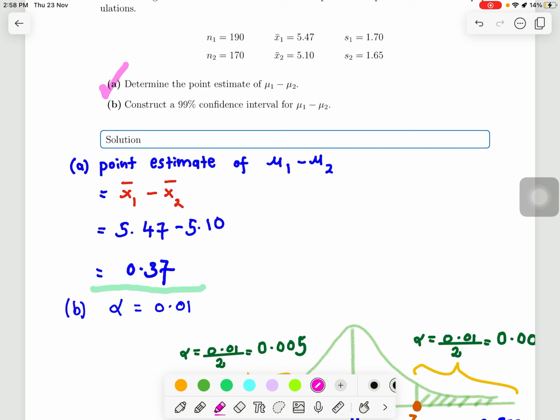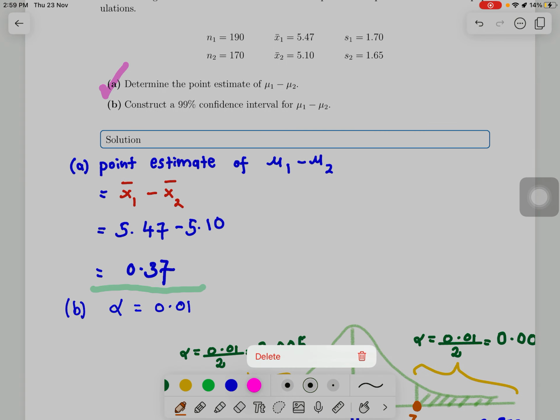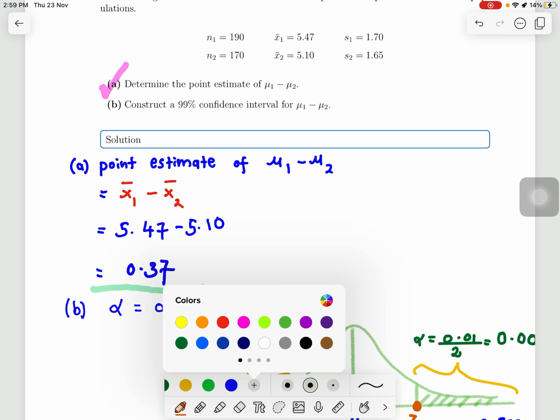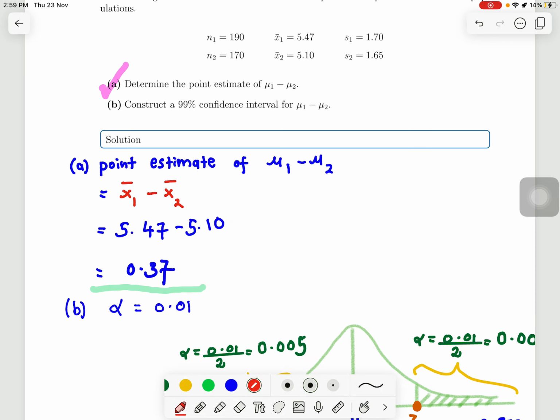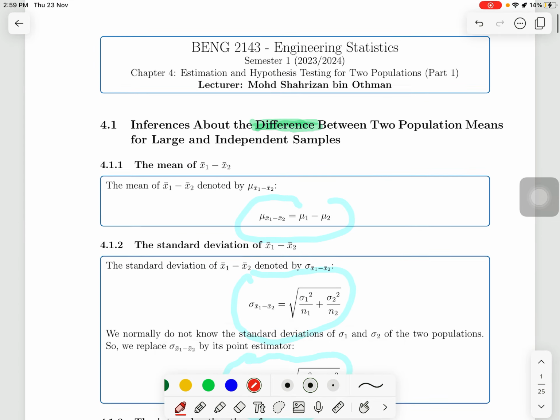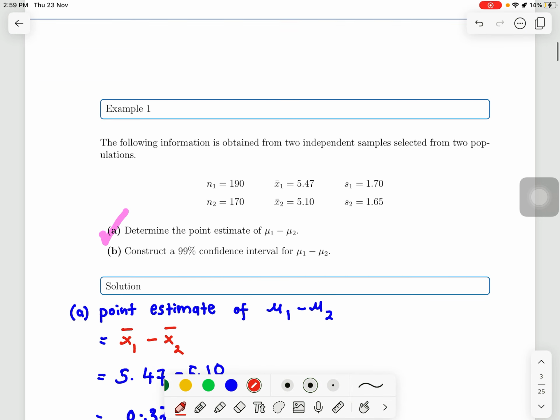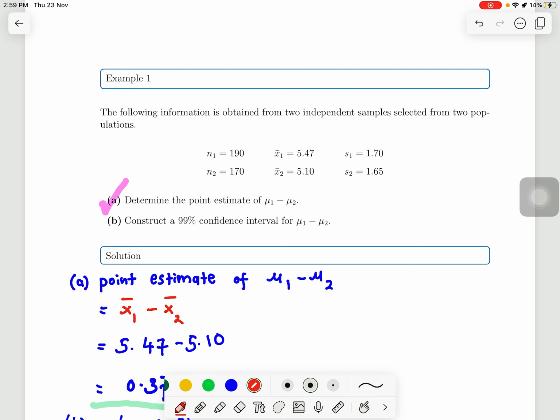Okay, so our formula to get the confidence interval for the difference between two population means is, okay, simple way to remember is the point estimate plus minus error.